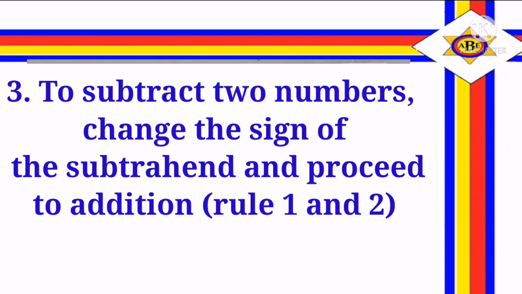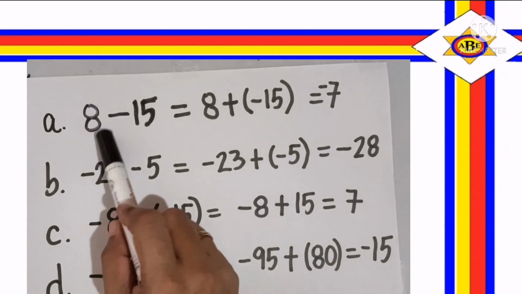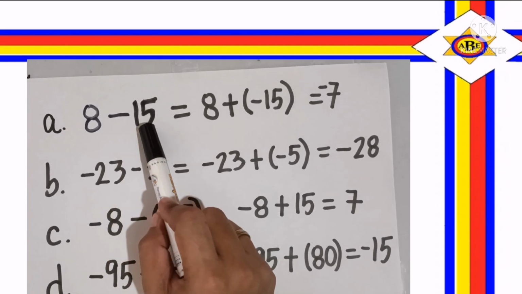To subtract two numbers, change the sign of the subtrahend and proceed to addition. This is something to do with rule number 1 and number 2. Again, to subtract two numbers, change the sign of the subtrahend and proceed to addition. Example letter A. 8 minus 15.